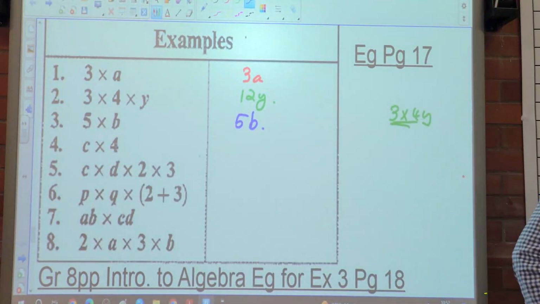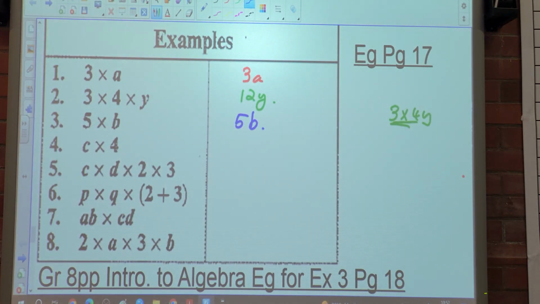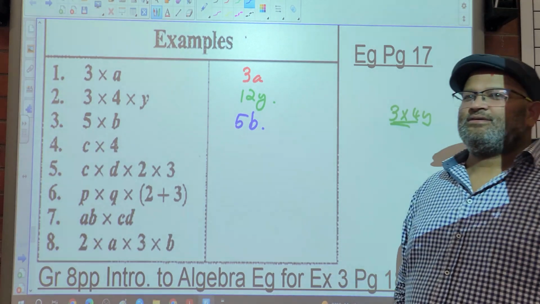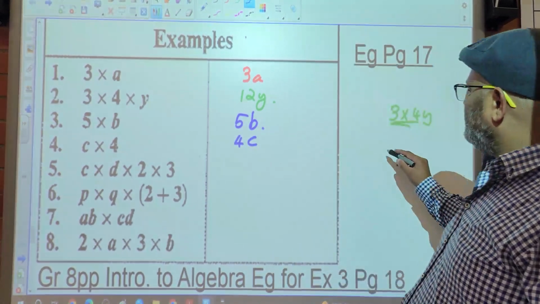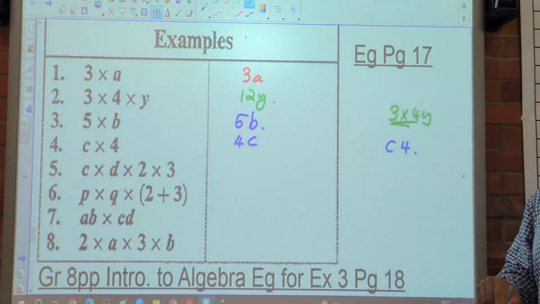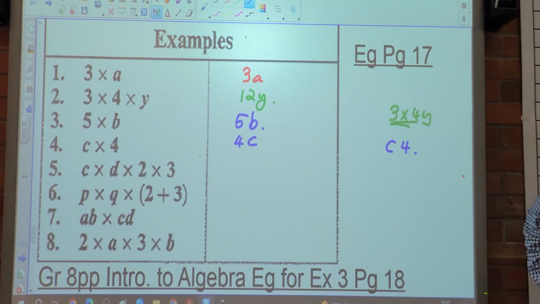Do the next one. c times 4. 4c. Why not c4? You write the coefficient in front. Okay. You all agree with that?